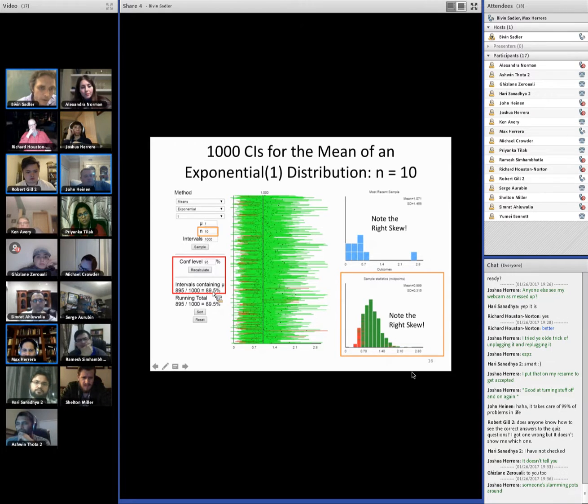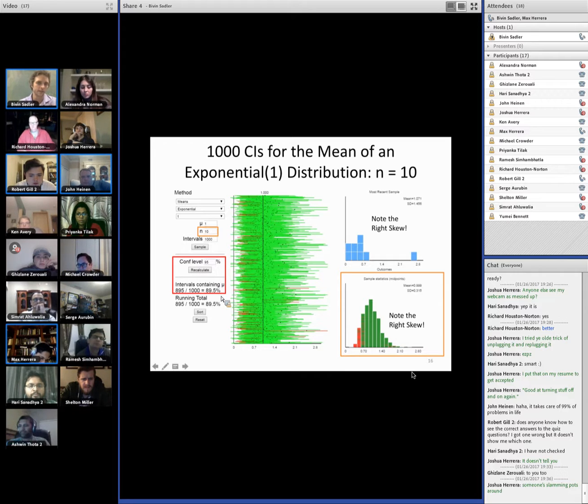You can't report a 95% confidence interval and not achieve that. That's misleading, right? Everybody thinks that these intervals are just wide enough to hold it 95% of the time, when you're only 89% confident that it contains mu, because only 89.5% of them contained it. This is called the coverage probability, and this is the nominal level. We want those to be the same.